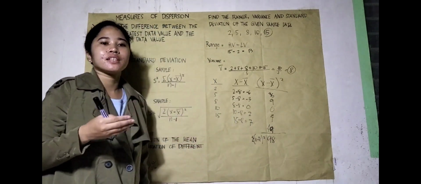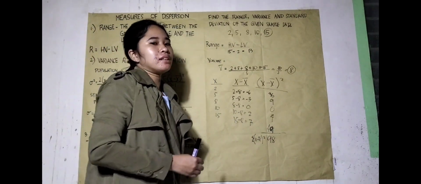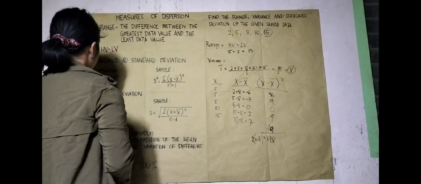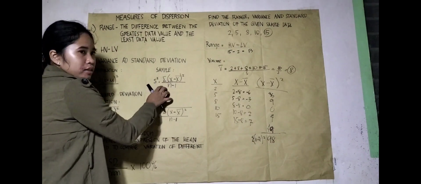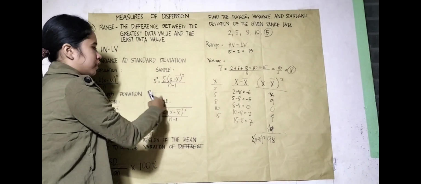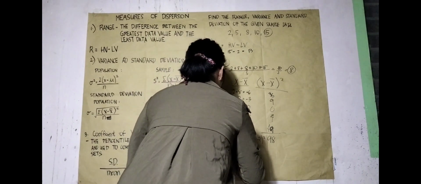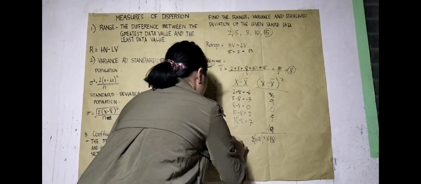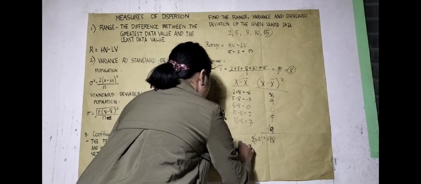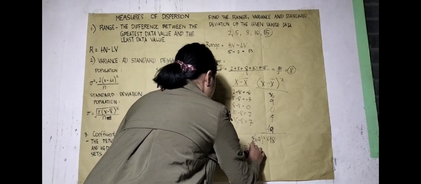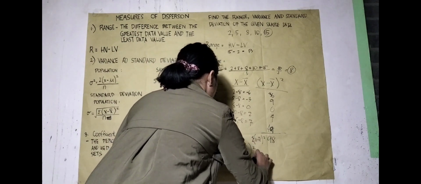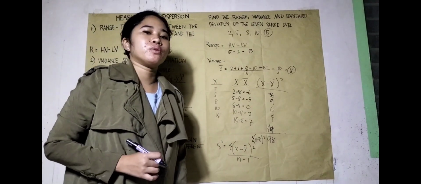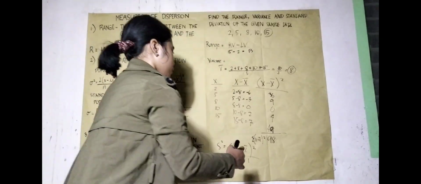So now let us continue with the formula of the variance of a sample data. So this is the formula of variance in the sample data, S squared. Now, what we're going to do is just substitute.